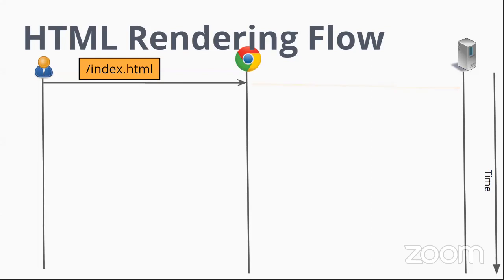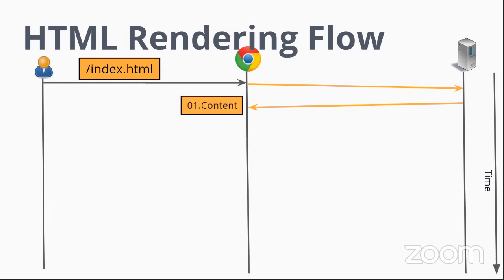As soon as the browser gets a request, it makes a call to the backend and asks for the index.html. The server looks at it and returns the index.html. As soon as that content is available on the client, the browser starts parsing the HTML file and tries to figure out if there are any external dependencies that it needs to download.